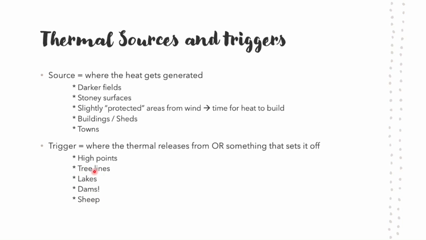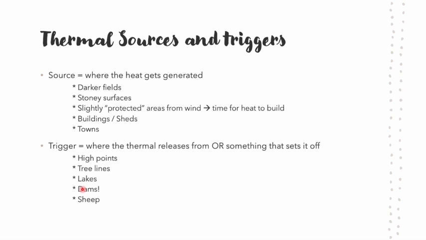Lakes and dams. Dams in particular are very consistently good, I've found, when flying the flatlands. I think they have a similar mechanism. A dam has the same sort of thing as a high point. Sometimes they're in a field and are just the highest point in the field. But with both lakes and dams, if there's water in it, the water is cool and the air above it is a little bit cooler.